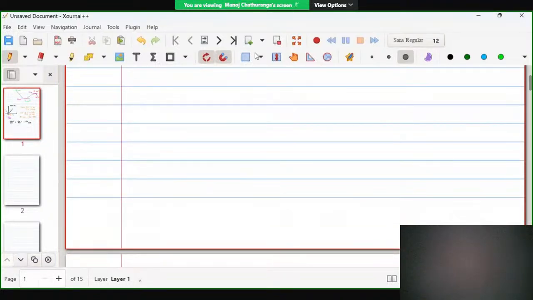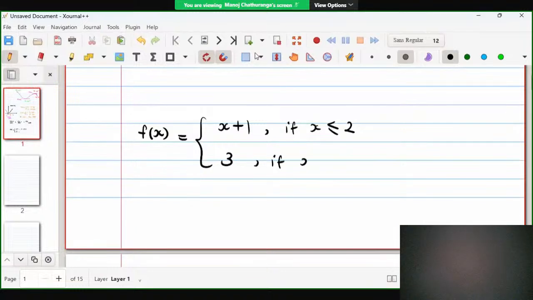Let me give you a piecewise function. Now the graph of this function looks like this.